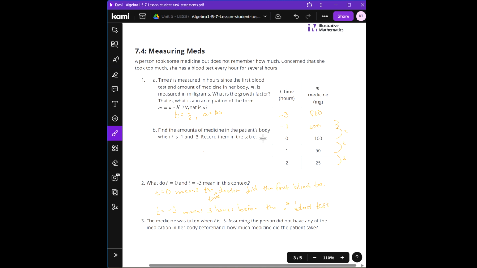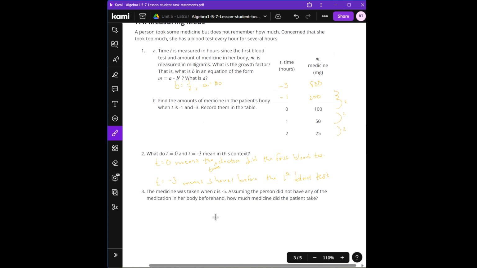All right, number 3, the medicine was taken when t is -5, assuming the person did not have any of the medicine in her body beforehand. How much medication did the patient take? Okay, so this is going to be 3,200 milligrams, and this is t is -5. So here, each hour, this is cut in half.